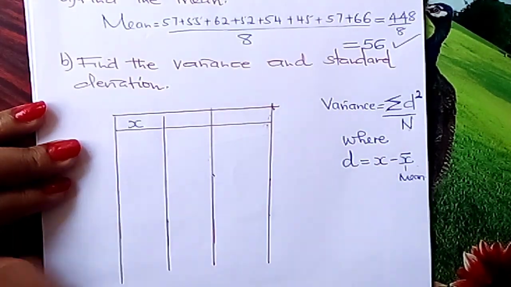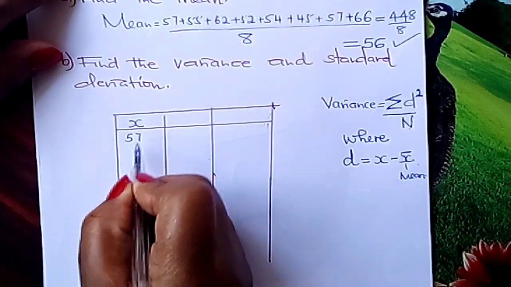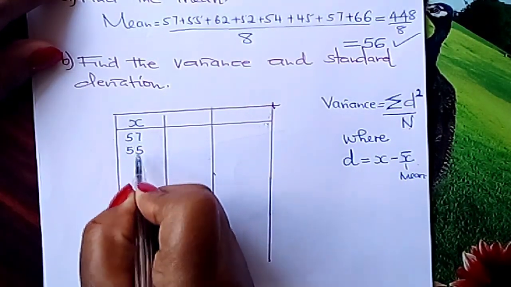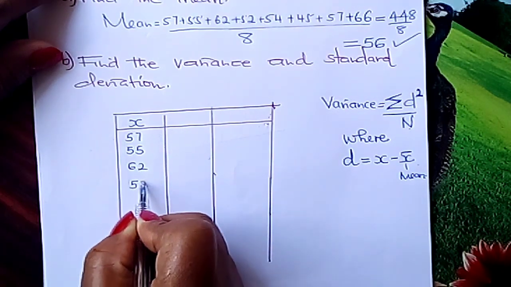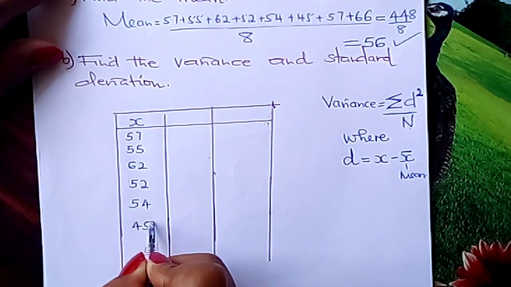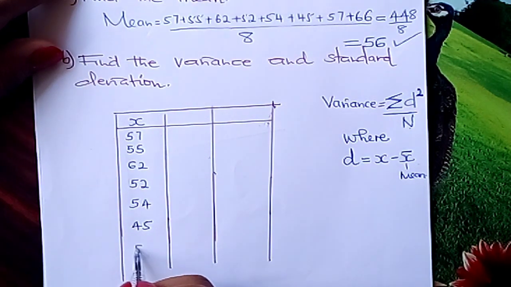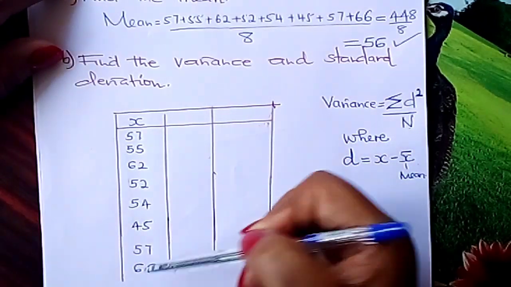Here, let us write x. X refers to each of these numbers. So you have 57, 55, 62, 52, 54, 45, 57, and 66. 1, 2, 3, 4, 5, 6, 7, 8.